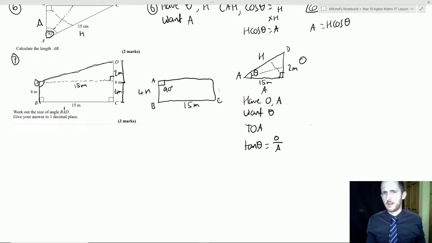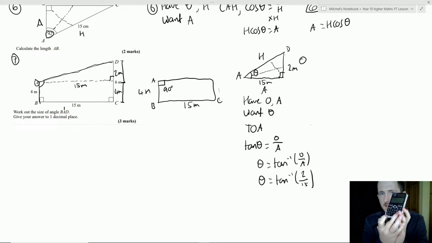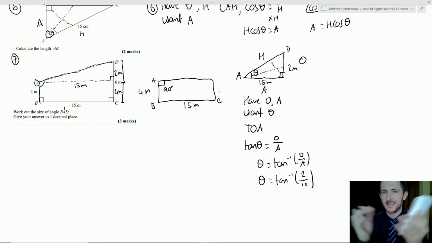Do you remember what we do when we're looking for an angle? We have to just do the inverse, which again, we should be fine with. So theta equals tan inverse. Make sure you sub in your numbers correctly too. Opposite is 2. Adjacent is 15 in this case. And then if you're doing the tan inverse, again, if you look above your tan button, there is a different colored tan inverse.